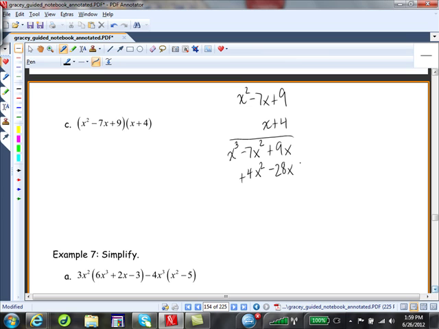And then 4 times 9 is plus 36. So then, now I'm adding, so we'll have x cubed minus 3x squared minus 19x's plus 36. And we're all done.